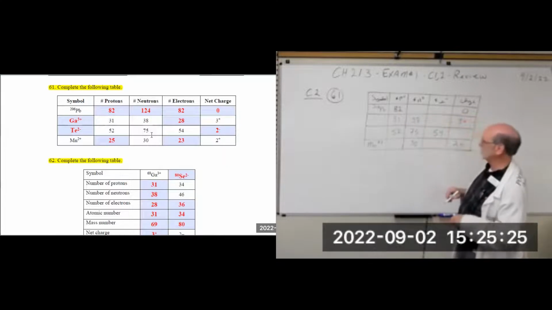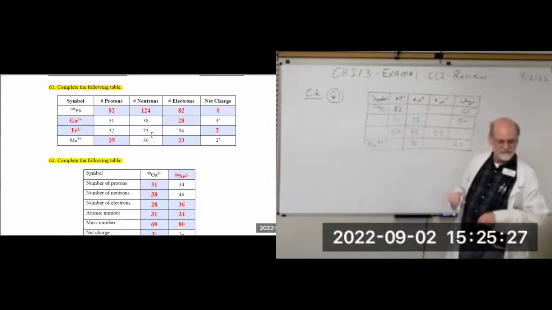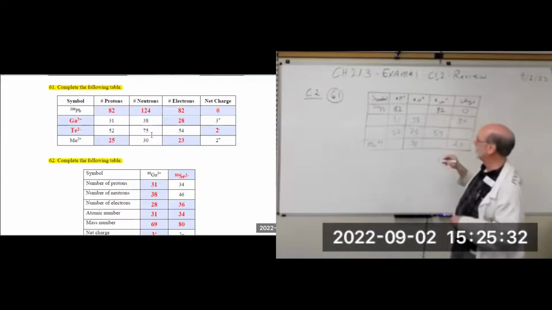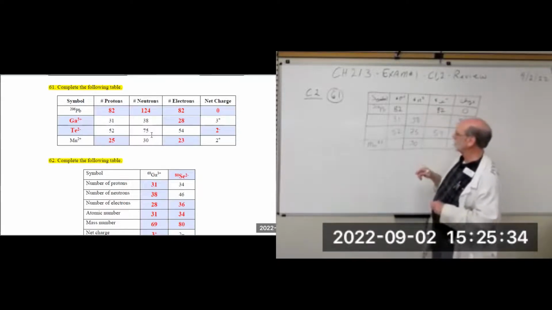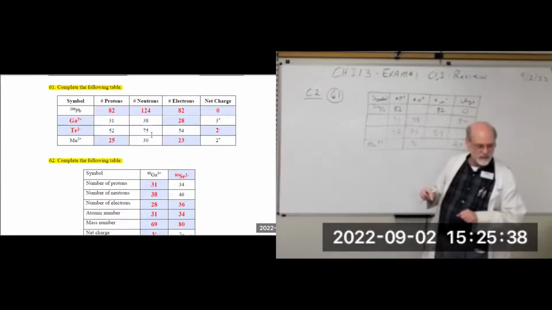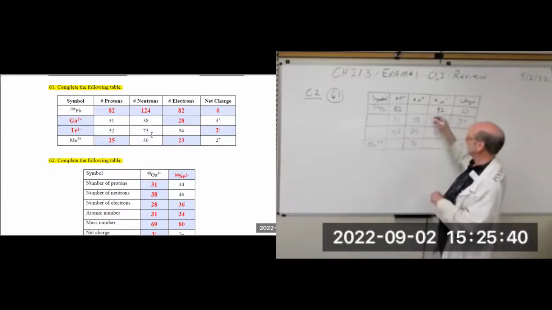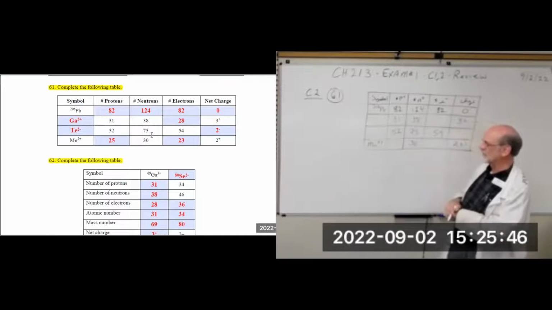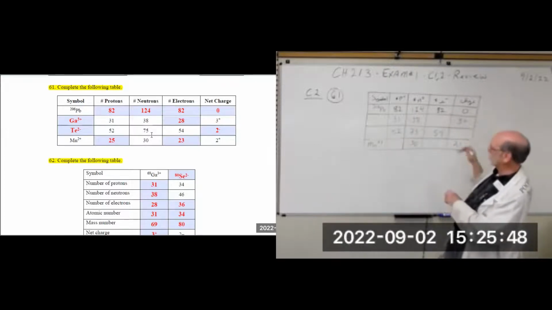How many electrons are there? Exactly the same, because there's no charge. Now, how many neutrons? Subtract 82 from 206, right? Yeah. Okay, so let's see, that's 4, and then 8 from 10 is 2, 124. Okay, so that one's done.